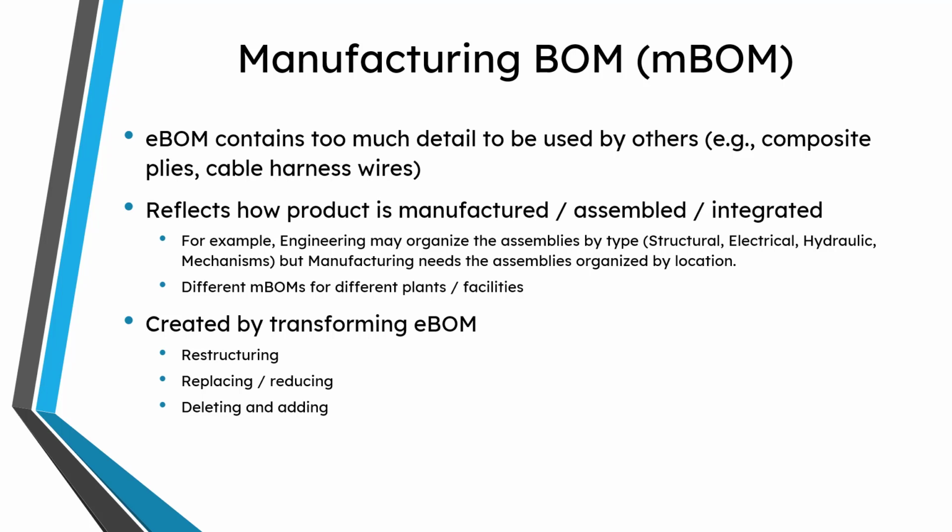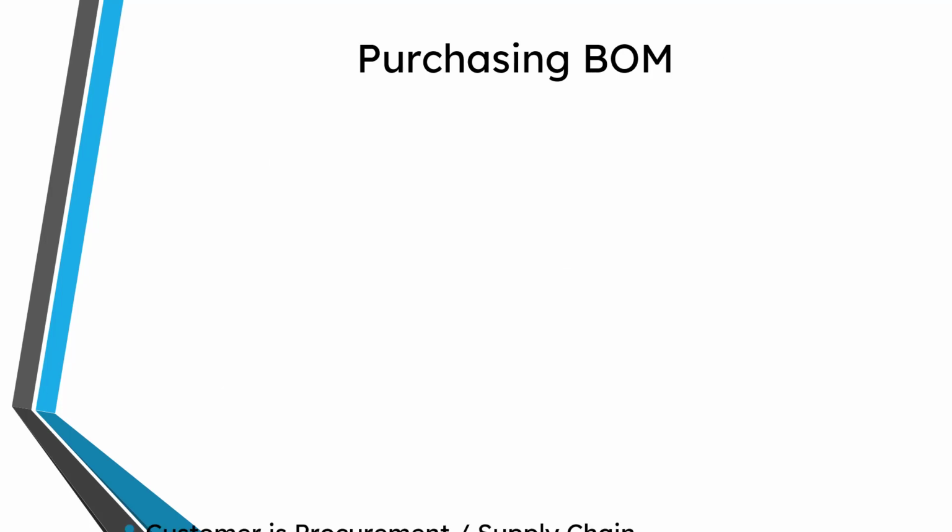So for example, you might restructure it, you might get rid of certain assembly hierarchy, you might add more assembly hierarchy, you could replace different lines from the engineering bill of materials with other lines, and you could delete components and add components as necessary. And so then once you have this manufacturing bill of materials, this is going to be the input to your manufacturing process planning so that they can generate the process plans to be used by the different teams for assembling your final products.